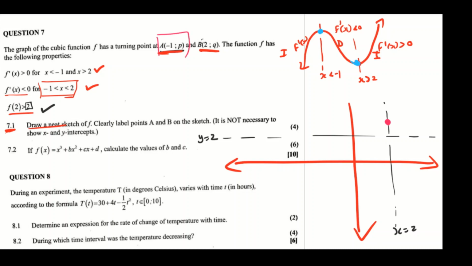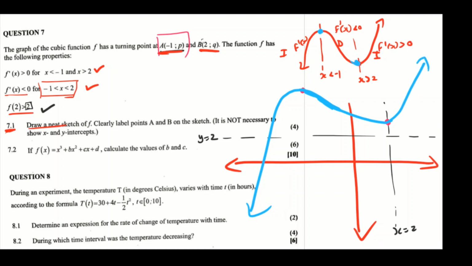Remember, this is an increase, decrease, increase function, so it should be somewhere here, right? And then when you draw your function, it should look something like this, right? I know it's not good looking. So it should be something like this, going down like this and going up like that.